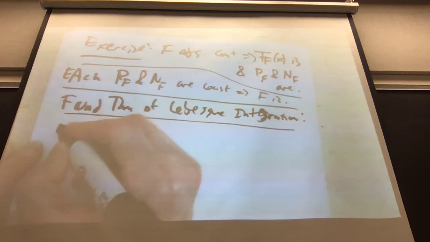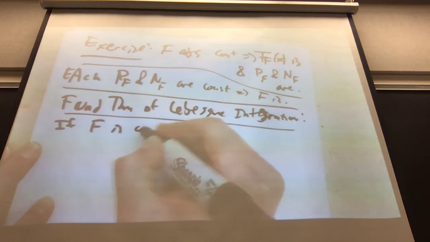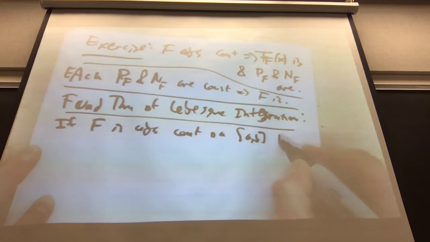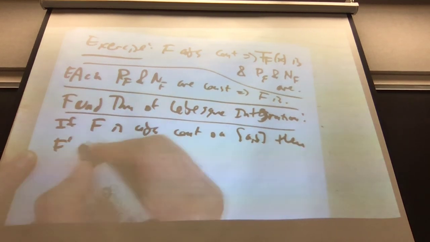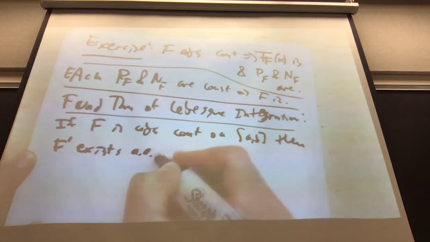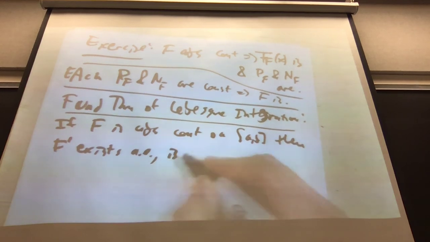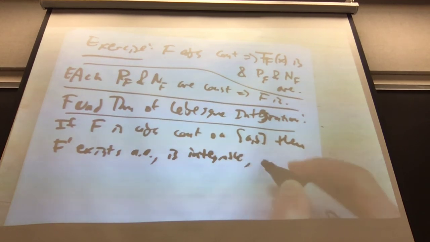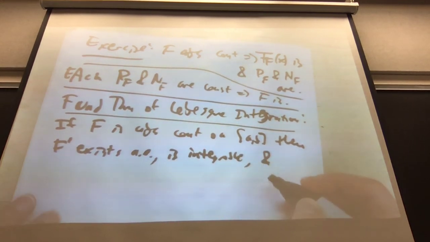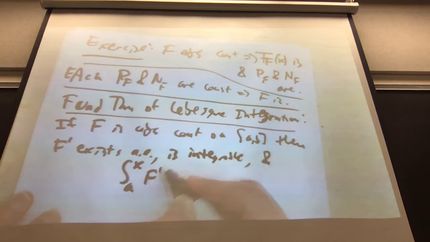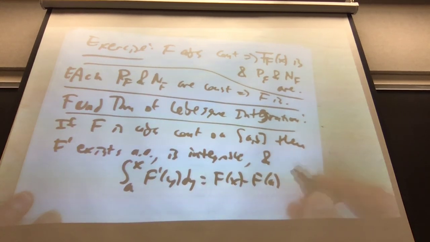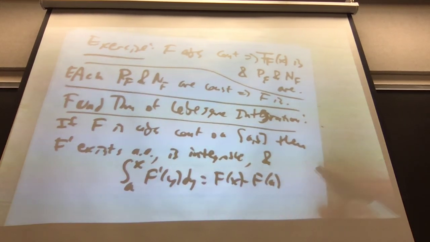If f is absolutely continuous on an interval a to b, then f prime exists almost everywhere, is integrable, and the integral from a to x of f prime y dy is f of x minus f of a for all x in a to b.